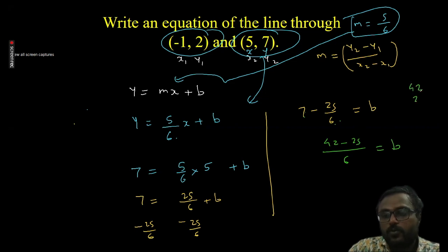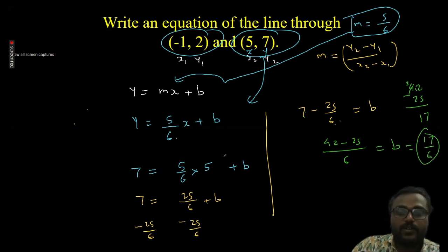So 42 minus 25. 2 minus 5 is not practically possible, so I'll have to borrow from this. So this becomes 3. Now here, this will become 12. 12 minus 5 is nothing but 7. 3 minus 2 is nothing but 1. So we have b equals 17 upon 6.